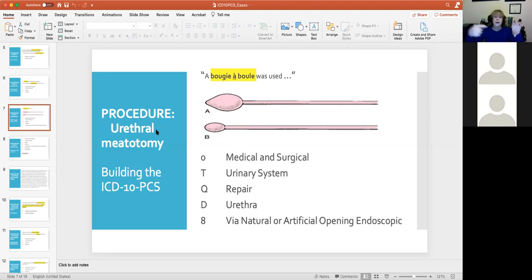Just like a urinary catheter might go, only this has that attachment at the end, so it can do whatever it needs to do. Okay. So now you guys are the smartest ones. You're going to know what a bougie is. I hope I remember. I think I remember this though.